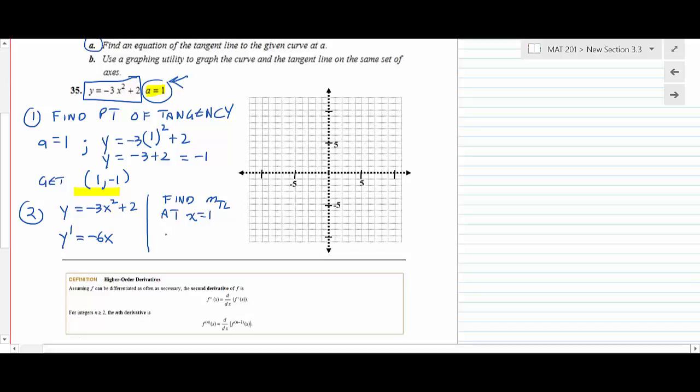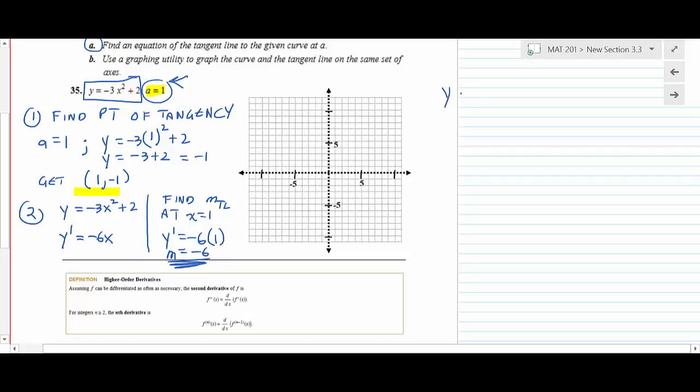So y prime is equal to -6 times 1, which means the slope of the tangent line is -6. So you've got those two things. In order to find an equation of a line, you got to know a point and you got to know the slope. We've got that now. Does that make sense? I gave you enough information to find the point, and we did the derivative to find the slope.